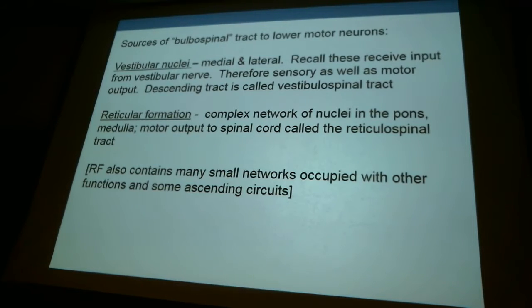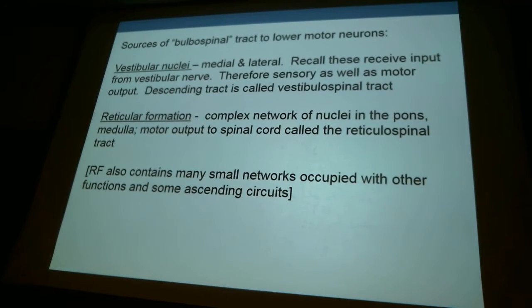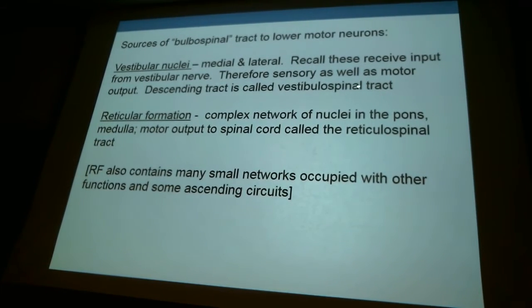The vestibular nuclei, there are two divisions. We don't really have to distinguish them here. But recall that these receive input from the vestibular nerve. And so this nucleus is both receiving sensory information and providing motor output. Okay, and then the tract here is the vestibulospinal tract. Again, where it's from, where it's going.